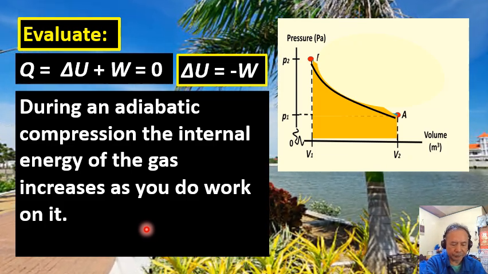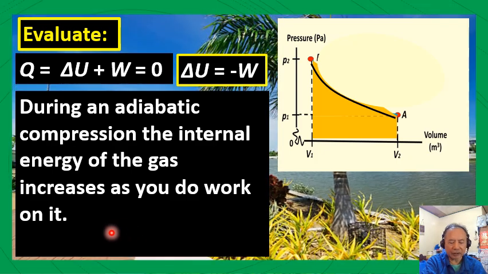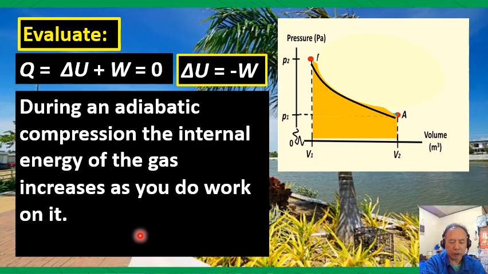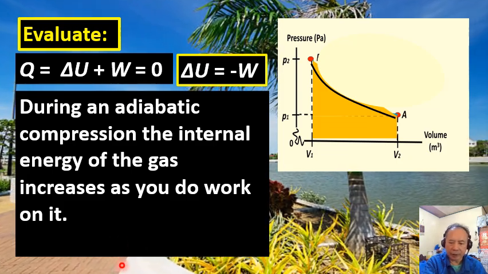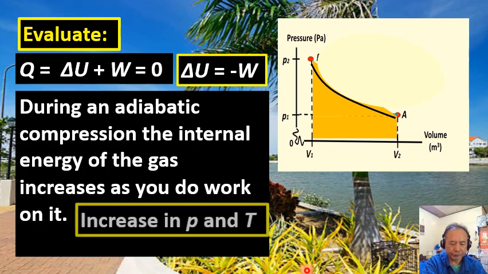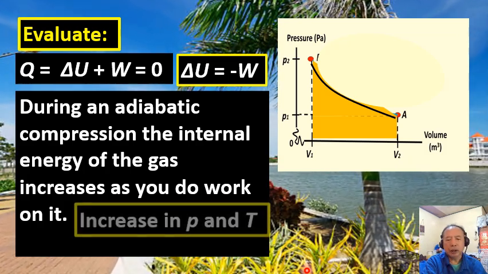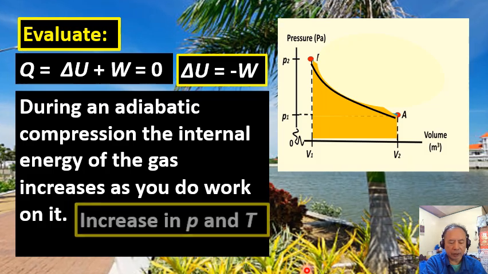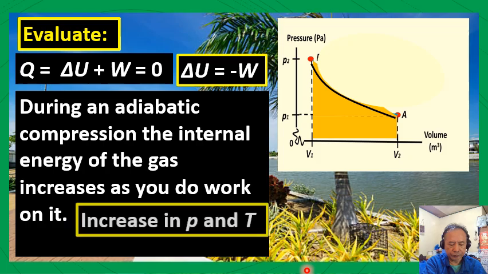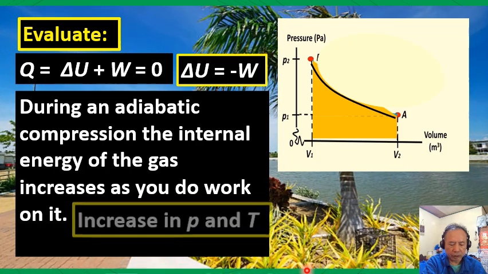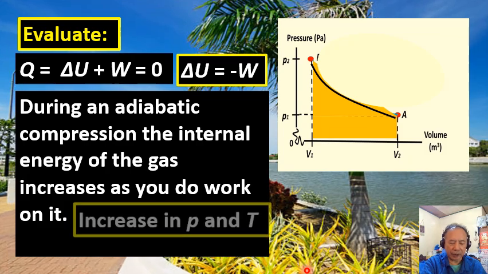And this also means that there is an increase in both the pressure and the temperature, even if there's actually no heat transfer involved. Now you know why we got the title of this episode.